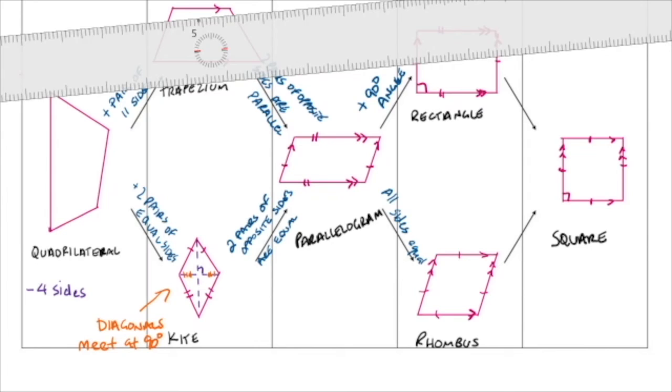So I'll put some extra dashes in there. Okay, so one bisects the other. Now, the good thing about this one is that similarly, that happens with the rhombus.